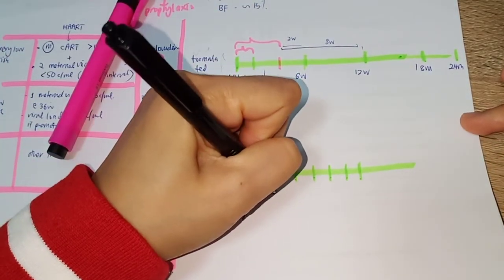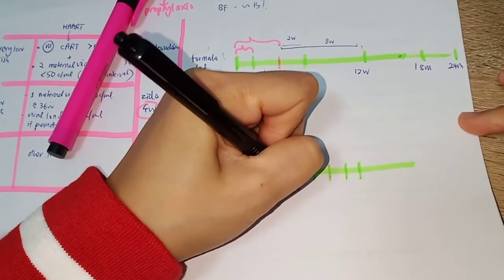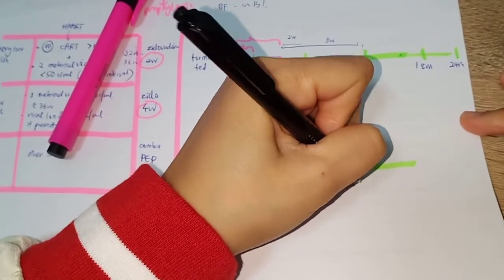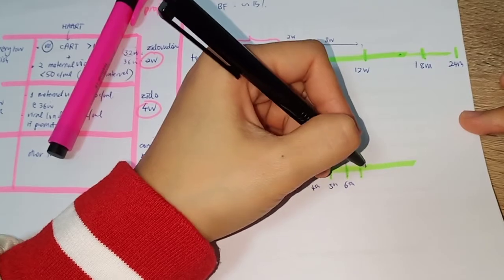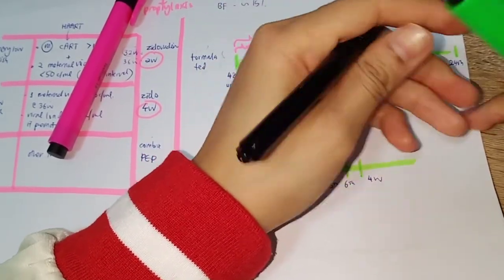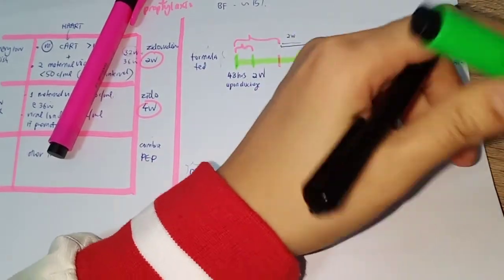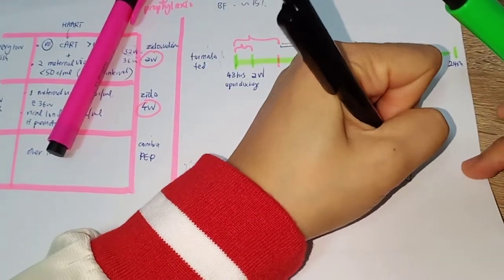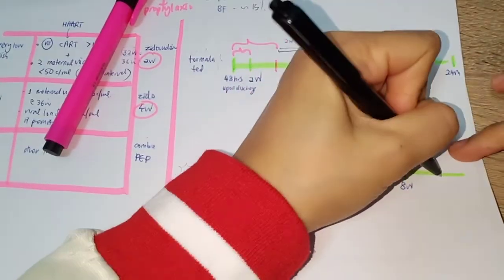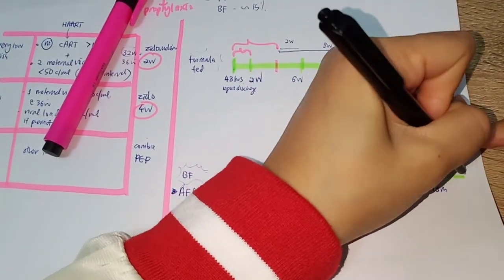And then after the cessation of breastfeeding, 4 weeks after that or 1 month after that, and also 8 weeks after the cessation of breastfeeding. And the same 1.5 years, 18 months, and 24 months.